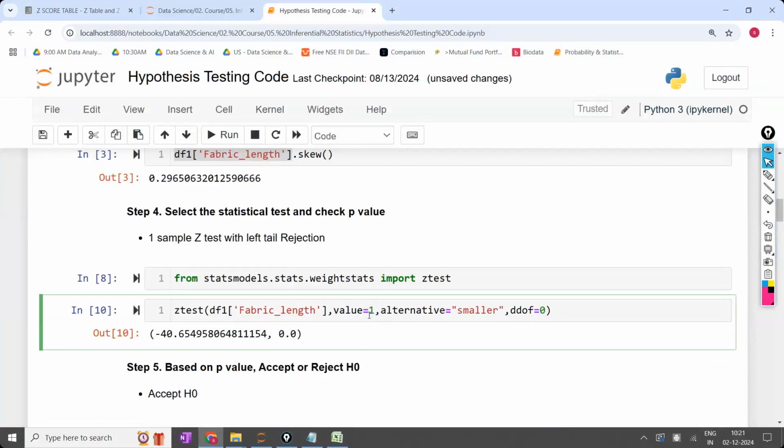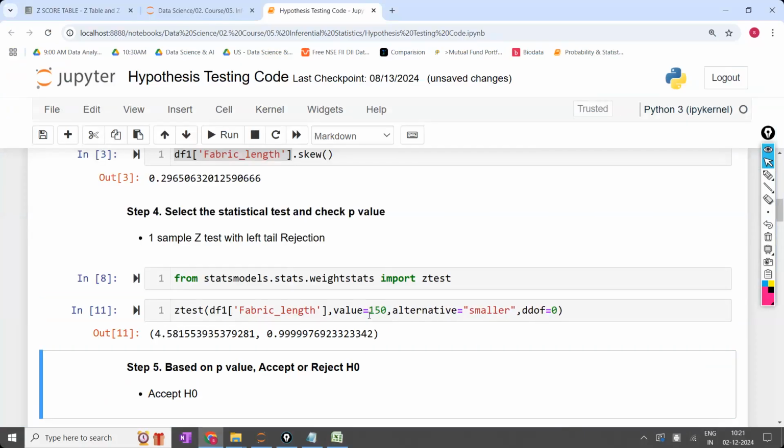Online students, is that clear now? Anyone has any questions? In this function, it is going to apply that internally. It will apply the formula, it will calculate the test statistic, and it will also calculate the p-value. These three things are included inside the function. Everyone is clear?